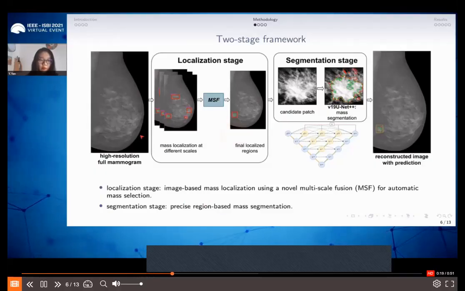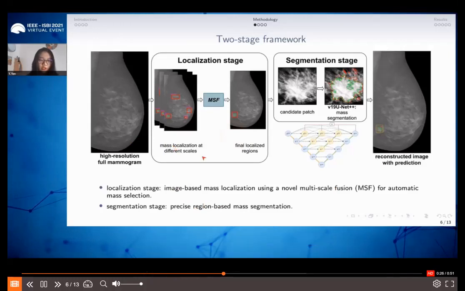For a given mammogram with native resolution, we first perform image-based mass localization using a novel multi-scale fusion strategy for automatic mass selection. Second, we employ a convolutional encoder-decoder architecture with nested and dense skip connections for precise region-based mass segmentation. Finally, the visualization of the segmentation results can be easily realized from the original mammogram.